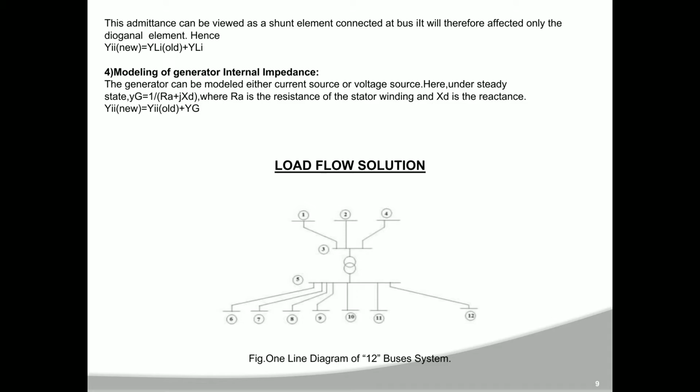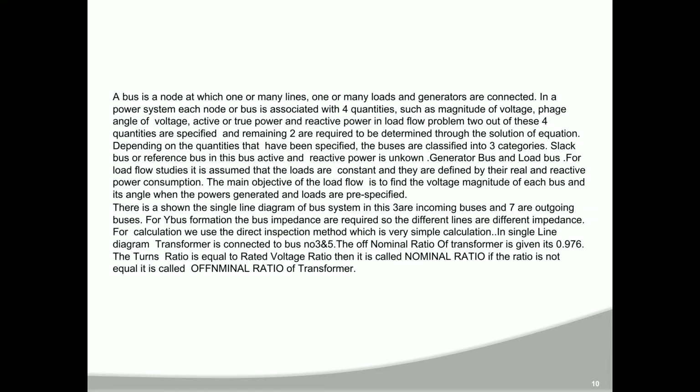Here we can see the load flow solution. The figure shows the one line diagram of the 12 bus system that we have considered. A bus is a node at which one or many lines, one or many loads and generators are connected. In a power system, each node or bus is associated with four quantities: magnitude of voltage, phase angle of voltage, active or true power, and reactive power.